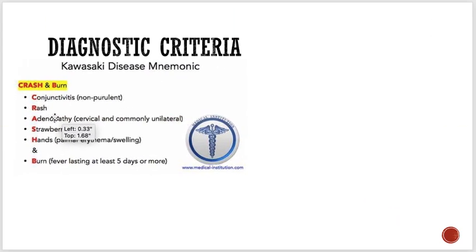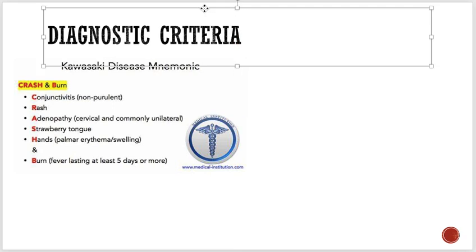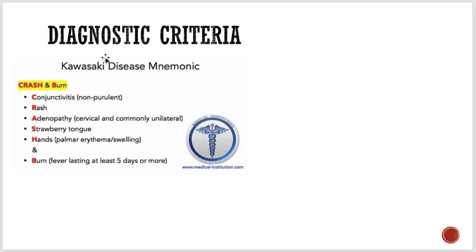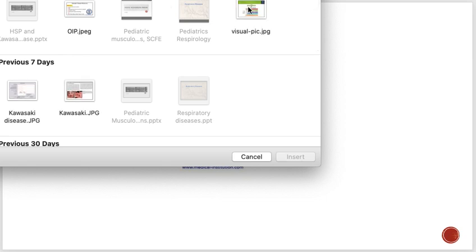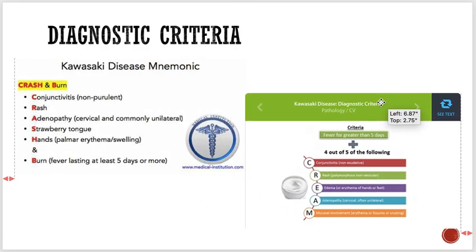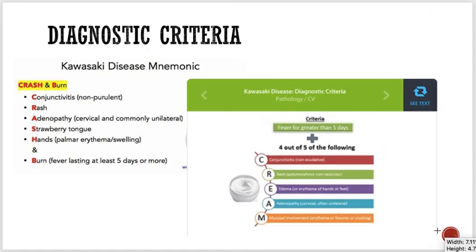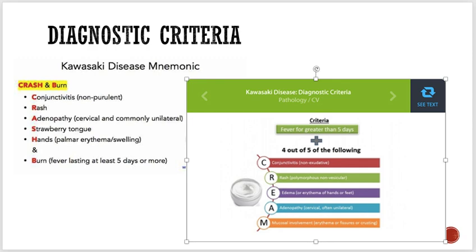Not a very good criteria, but okay. I'm going to include one more here as well. What is this? This is CREAM. I would rather recommend you remember this one. Crash and burn or CREAM, whatever you will remember.